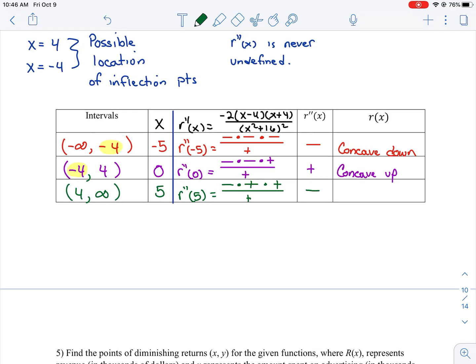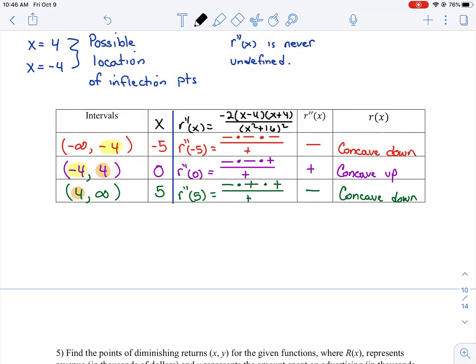And the result is a second derivative that's negative, so the graph is going to be concave down. So that makes 4 another location of an inflection point, because the graph changed from concave up to concave down at x is equal to 4.